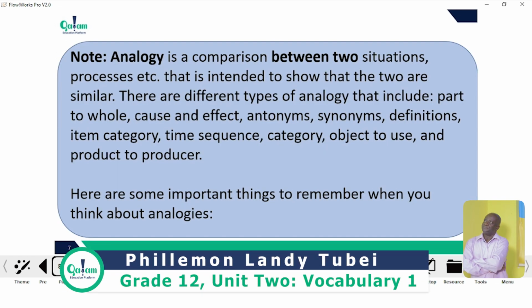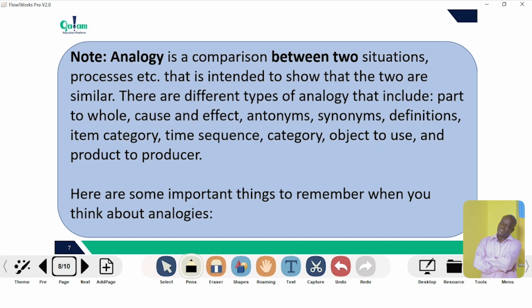So, note, analogy. What is analogy? Analogy is a comparison, as I said before, between two situations or even processes, etc., that is intended to show that the two are similar.